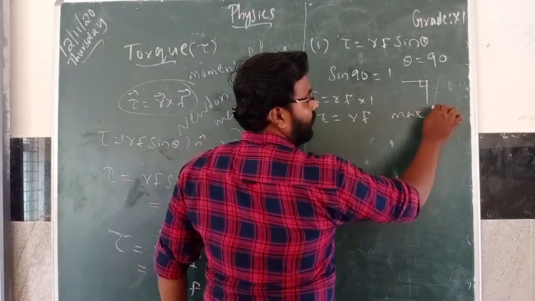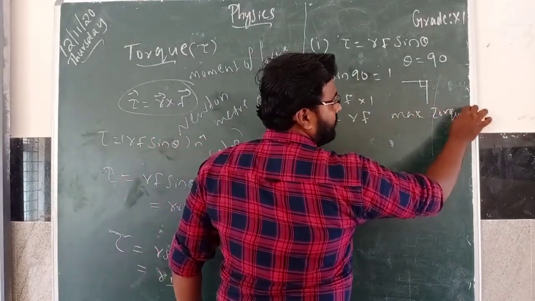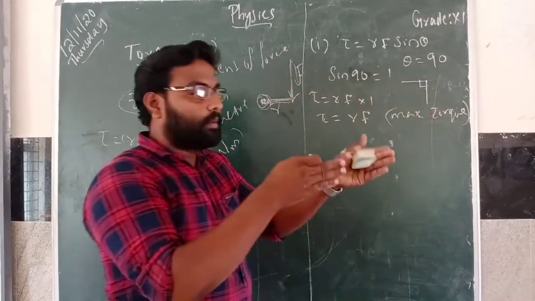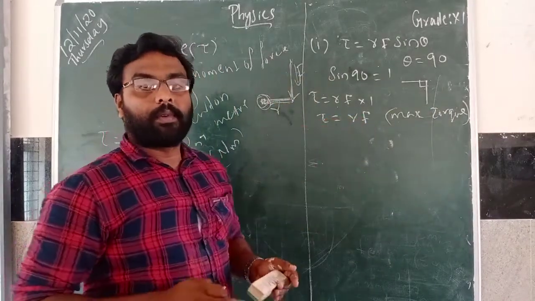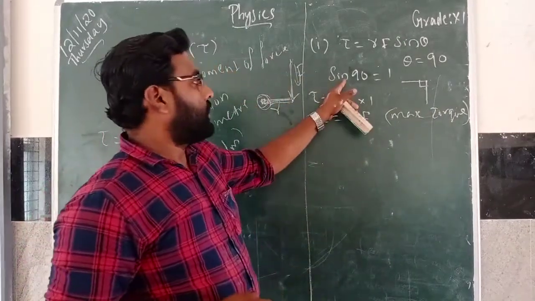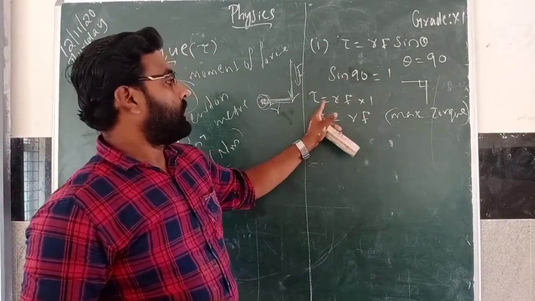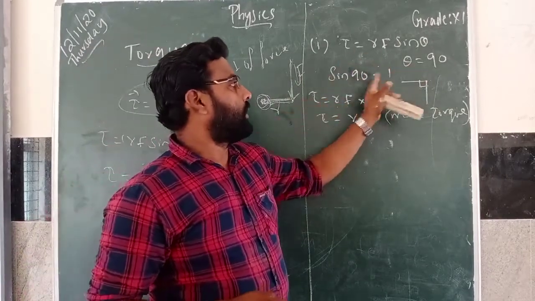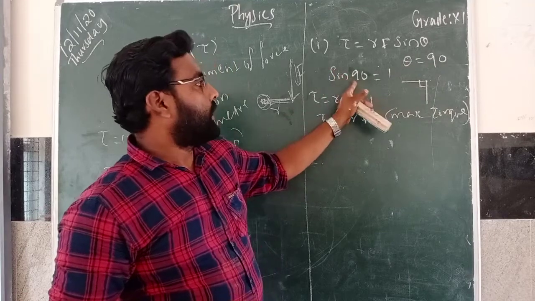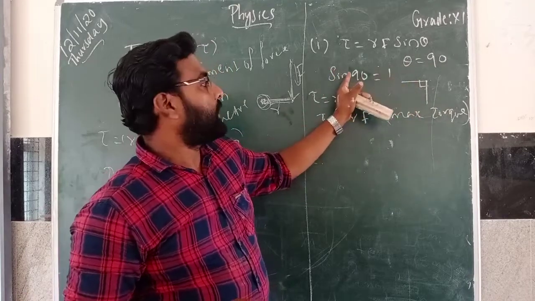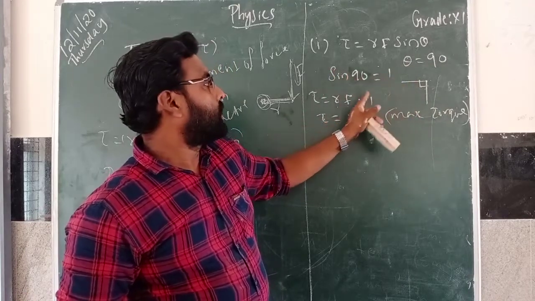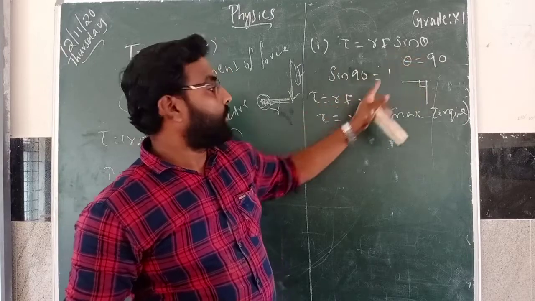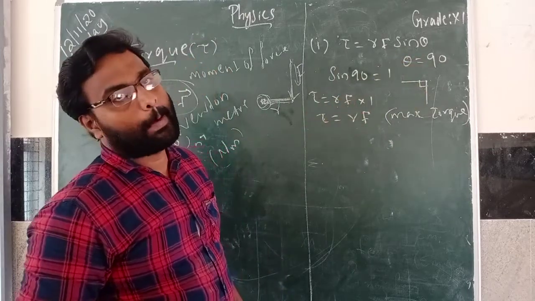Maximum torque. So sin theta is 1, because theta is 90 degree and sin 90 is 1. So here, substitute, you will get RF.